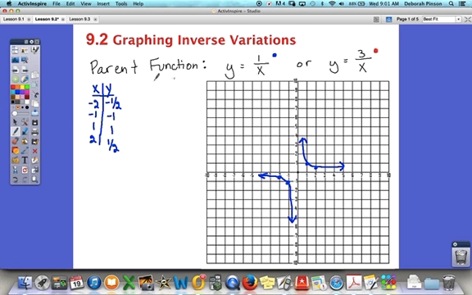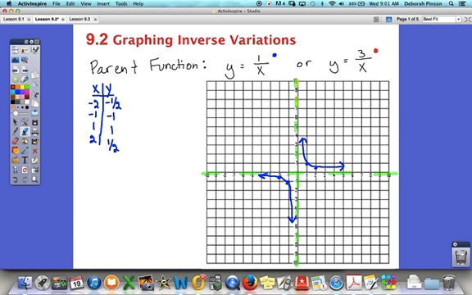Now, on this graph right here, you have an asymptote at both the y-axis, so that's an asymptote right there, and at the x-axis. So you've got asymptotes right there. Okay, this is what your parent function looks like.